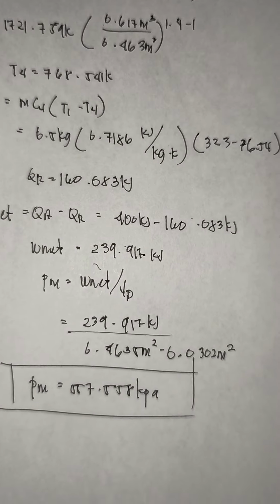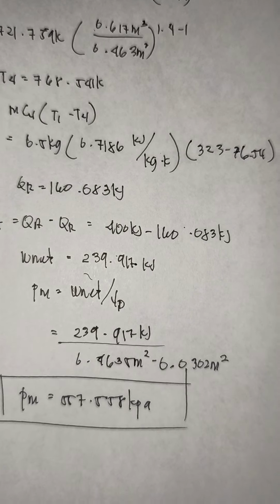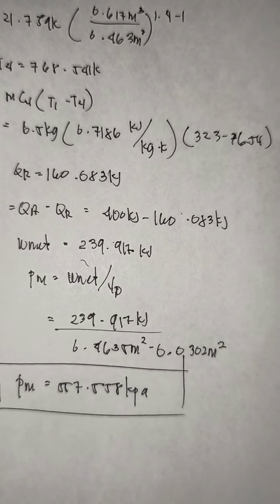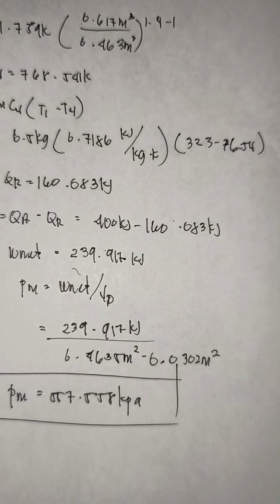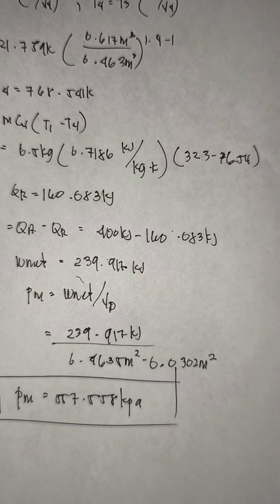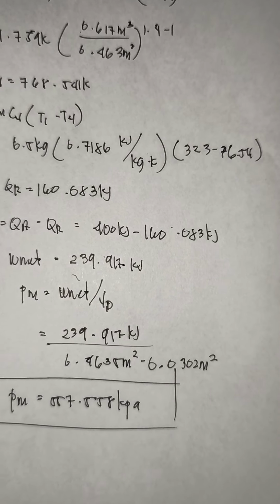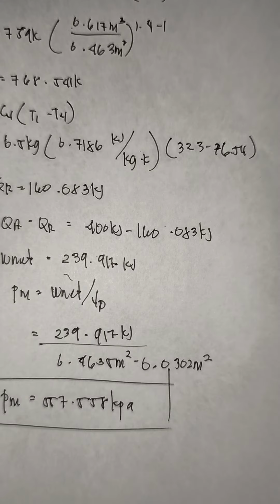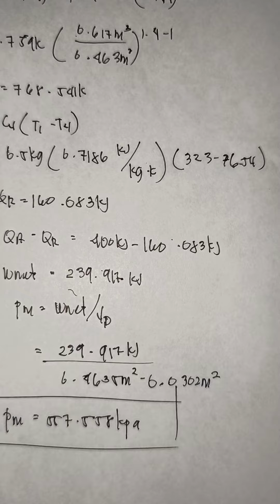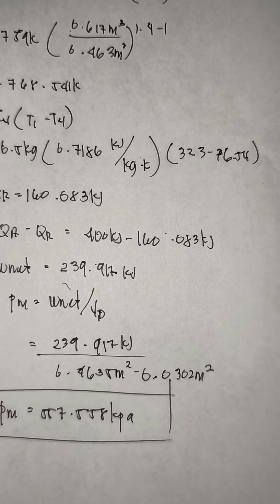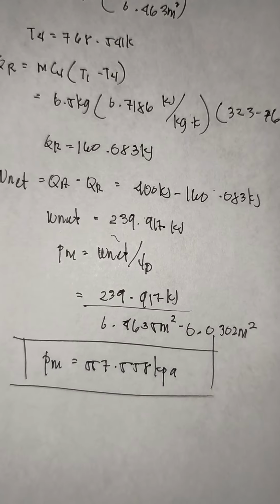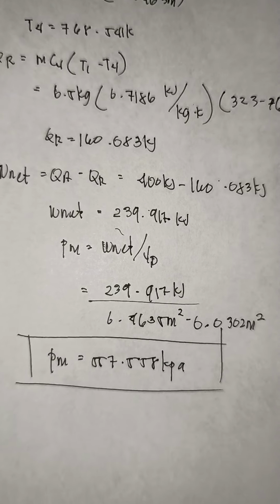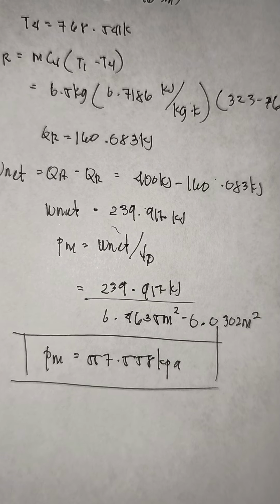Then substitute, we have 239.917 kilojoule over (0.4635 cubic meter minus 0.0302 cubic meter). Then PM equals 557.558 kPa.